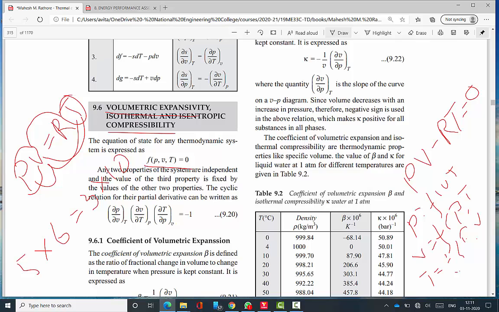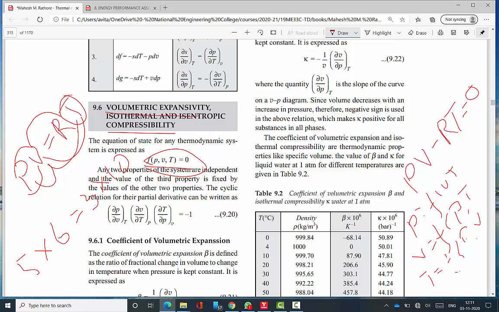Then based on the differential formula, the function of PVT equal to 0 satisfies dou P by dou V at temperature constant, dou V by dou T at pressure constant, and dou T by dou P at volume constant, which is equal to -1. The product of the partial differentiation of individual components is equal to -1.